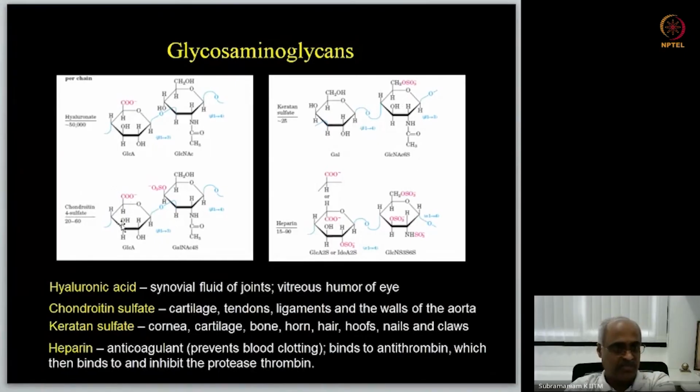These two have uronic acid and this doesn't. Instead it usually has galactose attached to N-acetylglucosamine, where the sixth carbon has a sulfuric acid attached. So it's an ester between an alcohol hydroxyl group and the mineral acid, sulfuric acid.